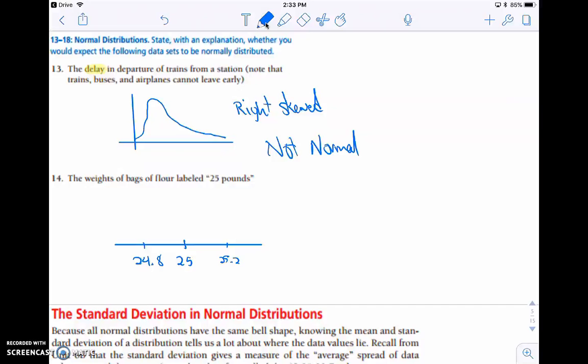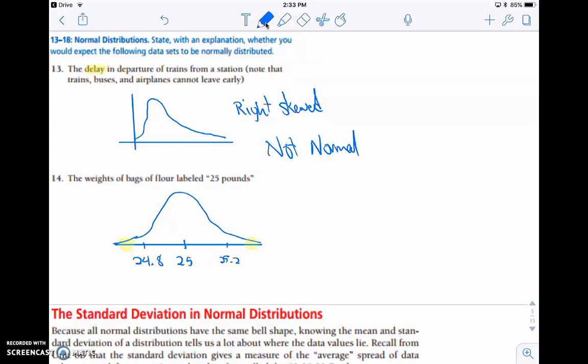Maybe we're like 0.2 above and below the mean. You would expect that the majority of the data is going to be somewhere really close to the mean, with very few extremes out here in the tails.